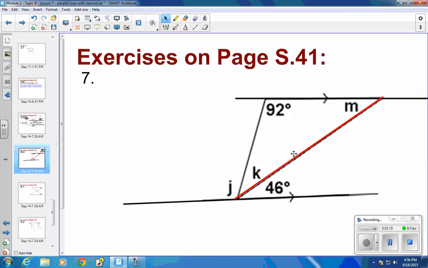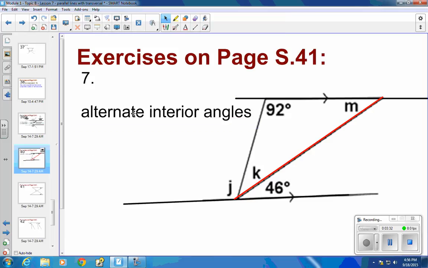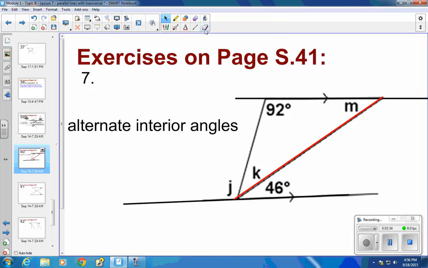So I've got alternate interior angles. So this 46 right down here would be an alternate interior to this one up here.